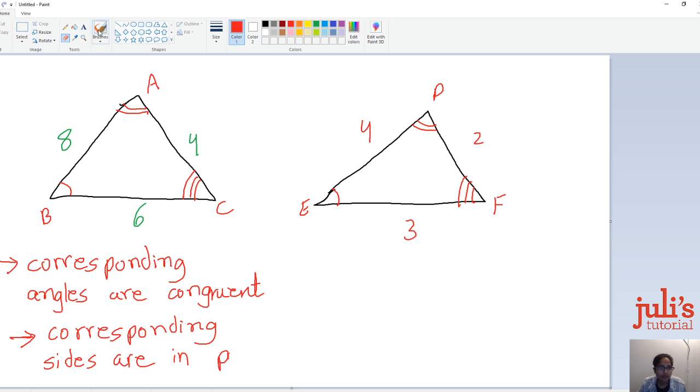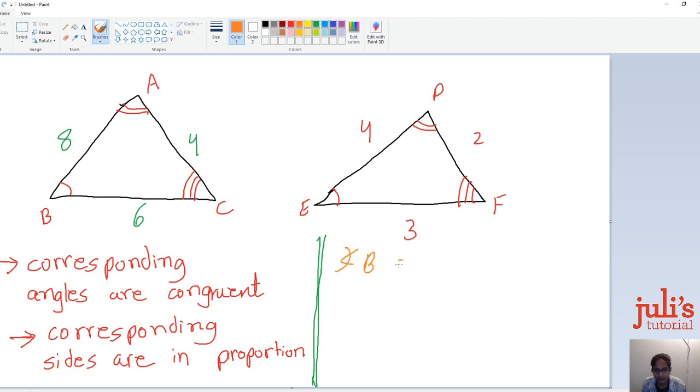So one more thing is proportion. So we're gonna prove it on this side. We're gonna prove it on this side. So corresponding angles are congruent. Are they? Yes. We have angle B is equal to angle E and they're corresponding.